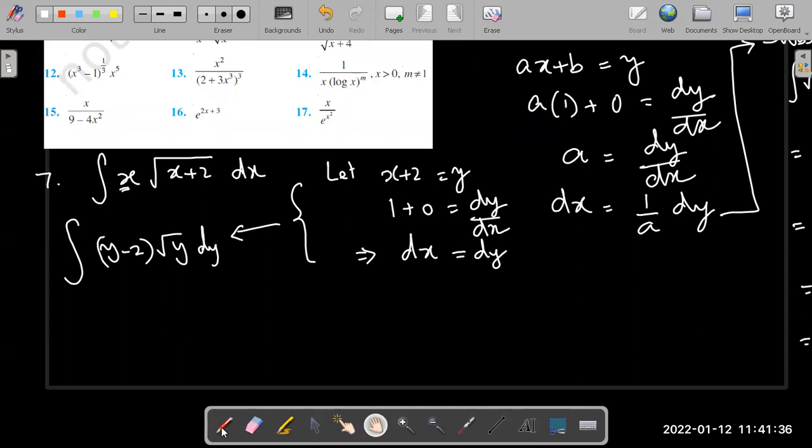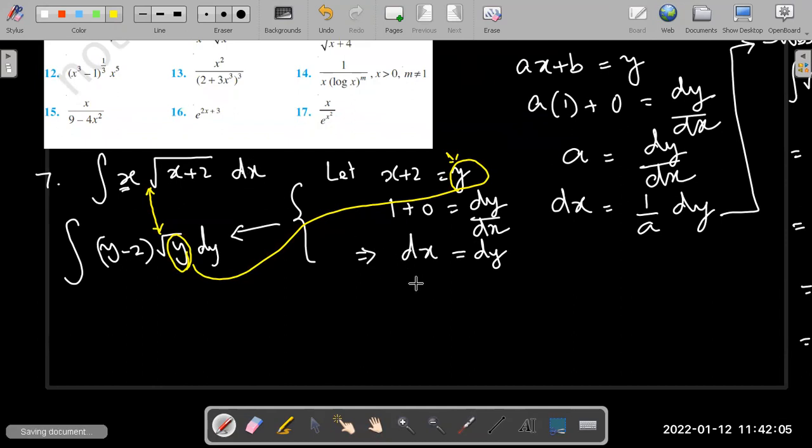When you differentiate x plus 2, you get dy by dx. So that's the differentiation of y. This y is this y, and this root was already there. Oh, dx. Okay, sorry, I understand.